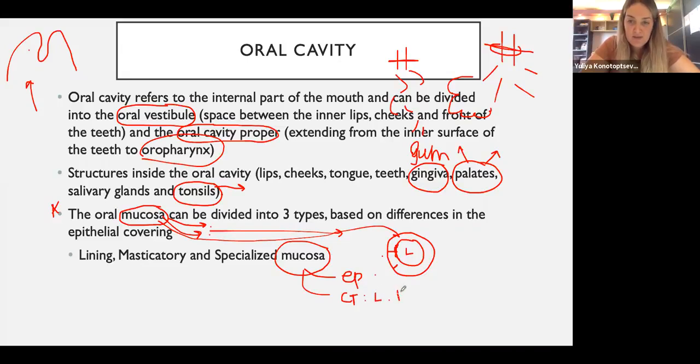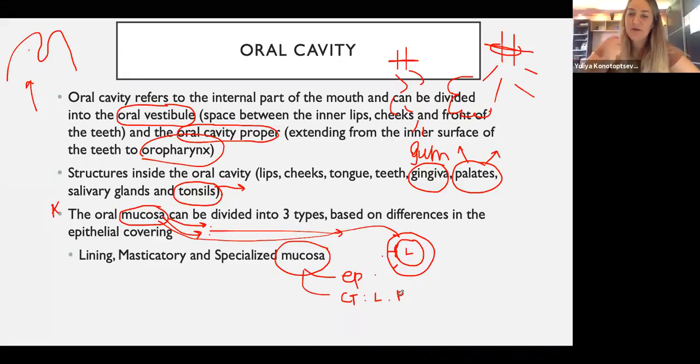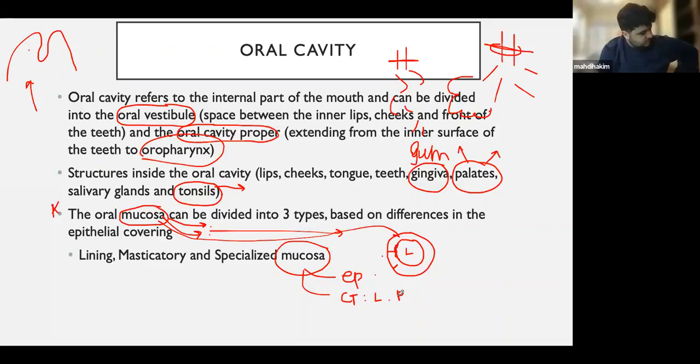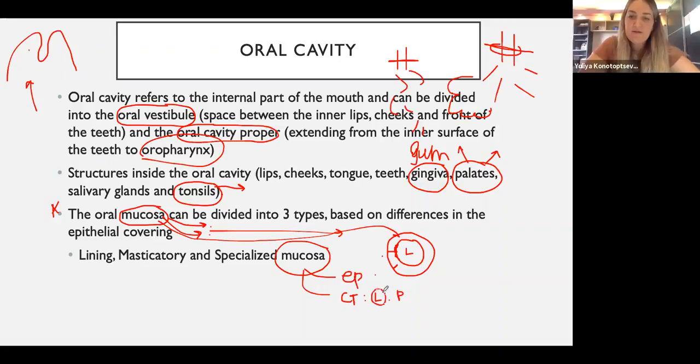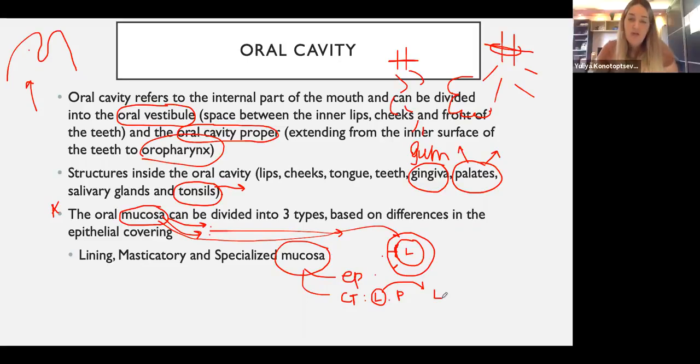What is special about lamina propria? It contains antibodies, or say better, not antibodies, but lymphocytes. Lamina propria contains lymphocytes. Our connective tissue, like in my skin, doesn't contain lymphocytes.